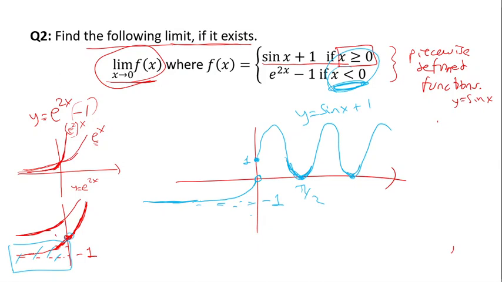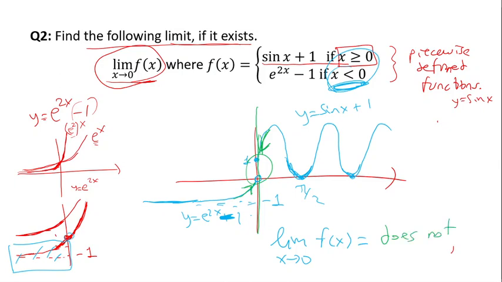Now this is the graph of y equal to e to 2x minus 1, and this is the graph of y equal to sine x plus 1 on the right side. Now what's the limit of f of x as x goes to 0? We draw the line x equal to 0, look at the right approach on the graph, and approach from the left to 0. They don't meet, so we say the limit does not exist.